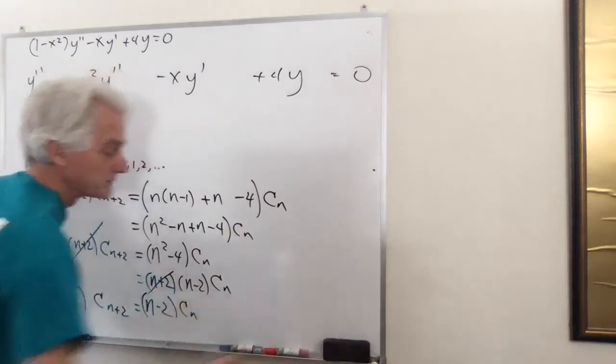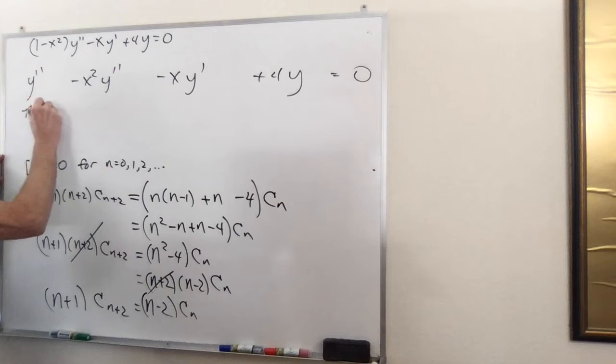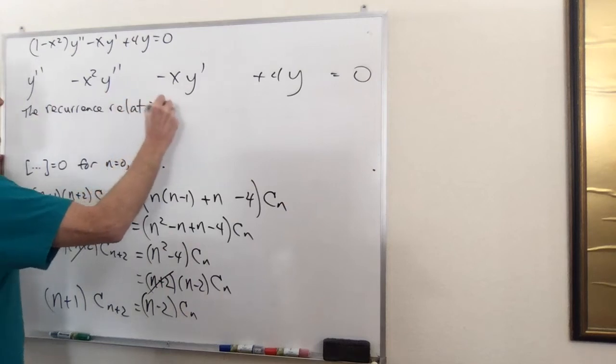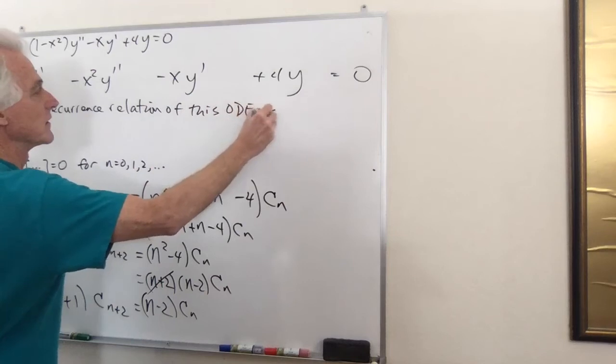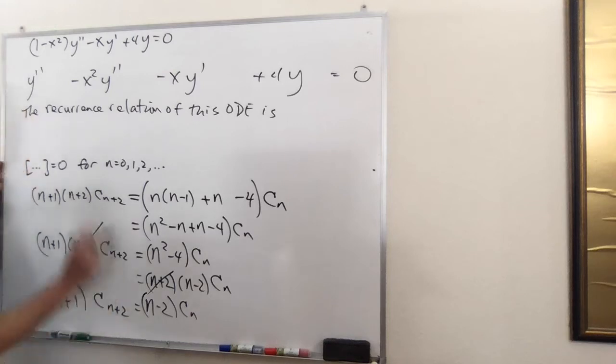So I'm almost done. So I get the recurrence relation of this ODE, and in the recurrence relation, we typically solve for the C with the highest index.